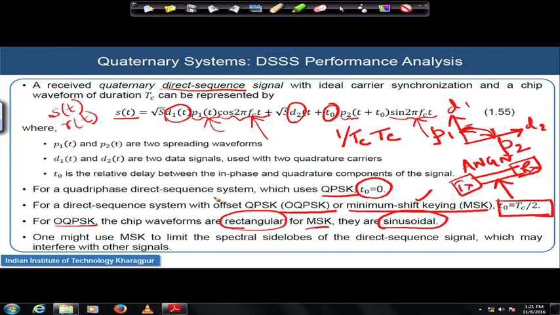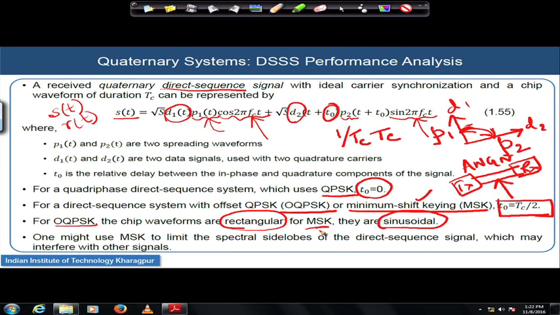So, that is why, actually, if you have high spectral side lobes, you have to capture those lobes also inside the receiver to extract the signal and there is a loss in signal power. So, the less power you have in the side lobes, the more of the modulated signal power will be confined inside the main lobe, and in that situation your receiver processing will be easier, as it involves capturing the power from the main lobe of the modulated signal only.